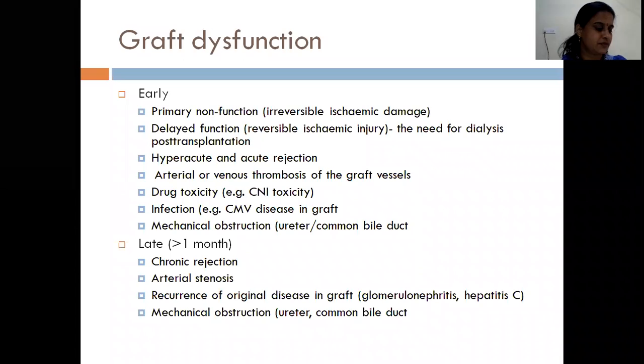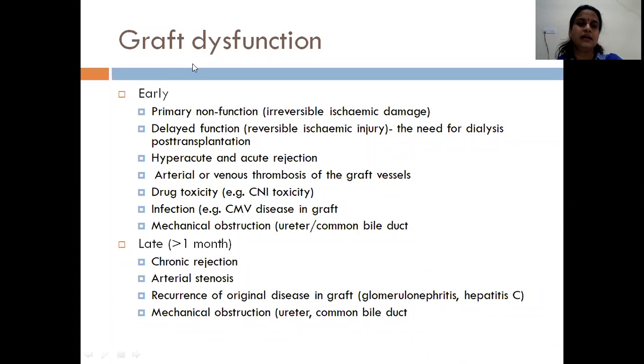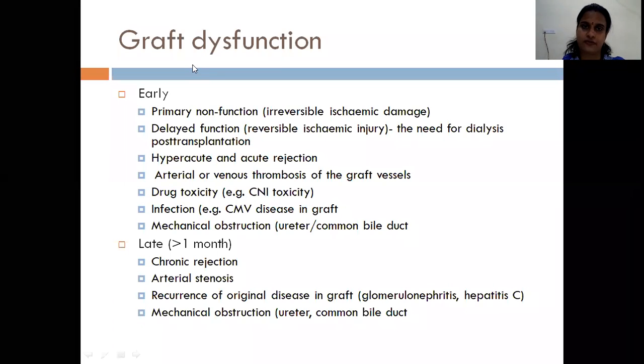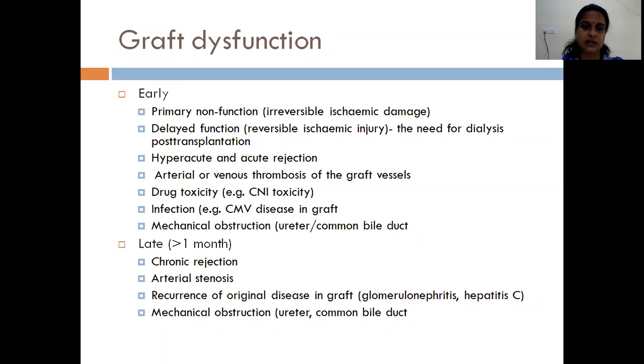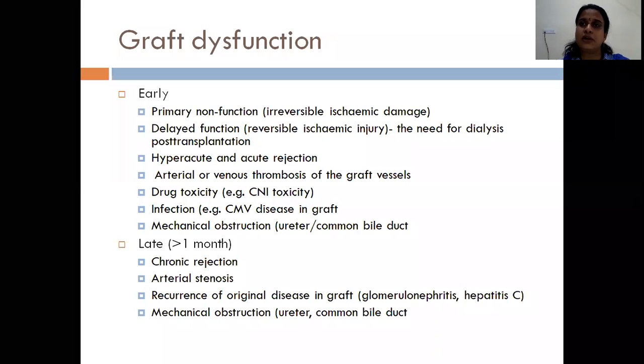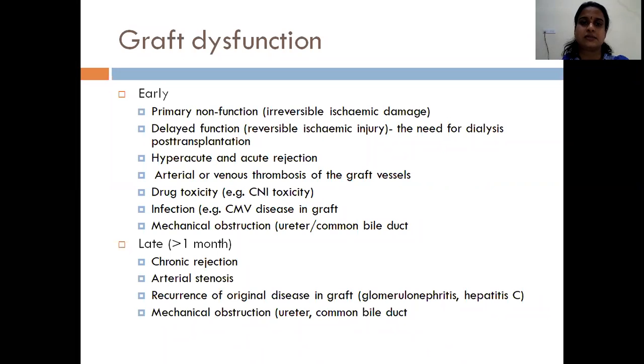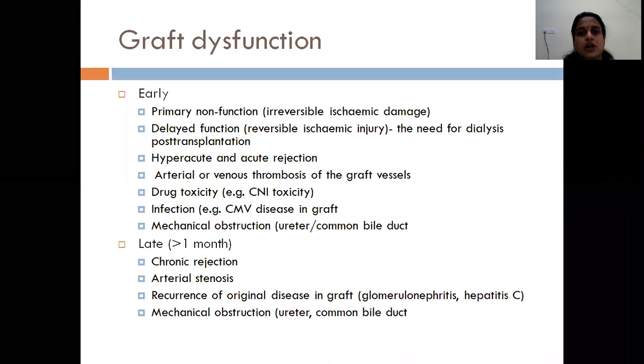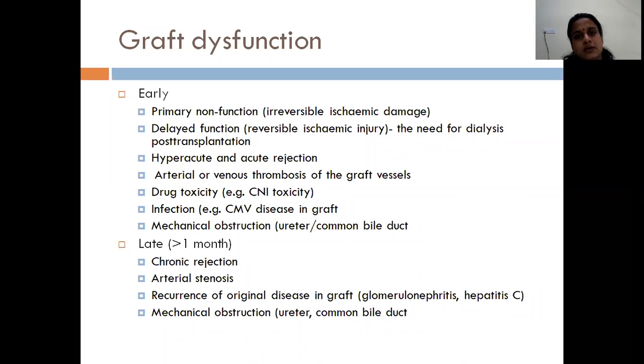What are the features of graft dysfunction? Early failure of the grafted kidney is because of primary non-functioning. That is, the kidney that you have transplanted, we have taken all pains in transplanting this kidney, ultimately it is non-functional because of the irreversible ischemic damage that inevitably occurred during organ procurement and organ transportation.